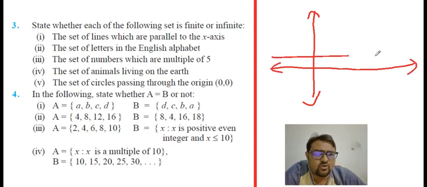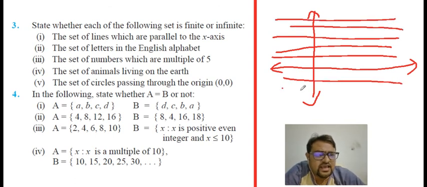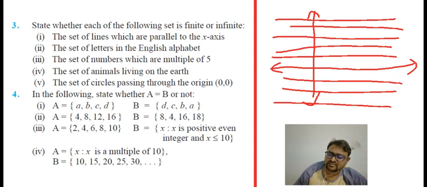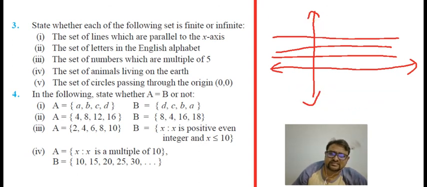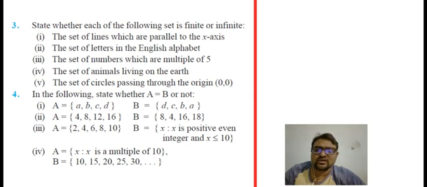Then I can draw 1, 2, 3, 4, 5, as many lines parallel to the x-axis. We can draw infinite lines parallel to the x-axis, so I will say this is an infinite set. Let me write it down as I.